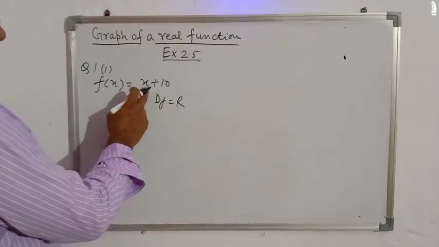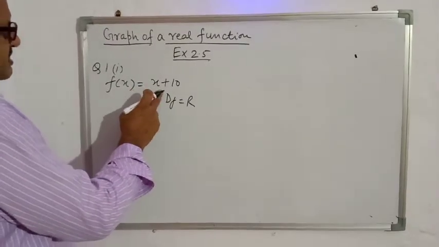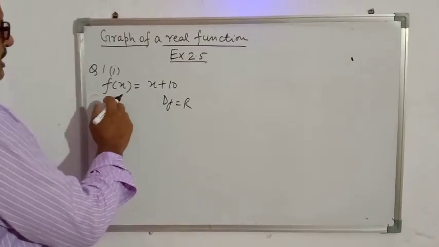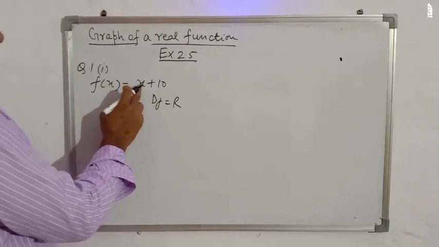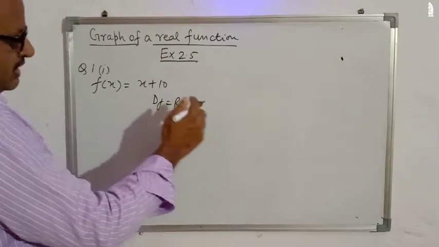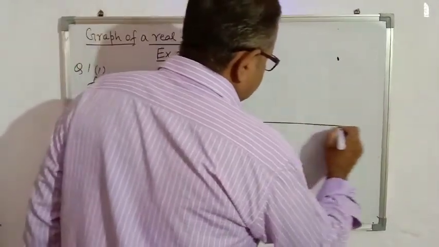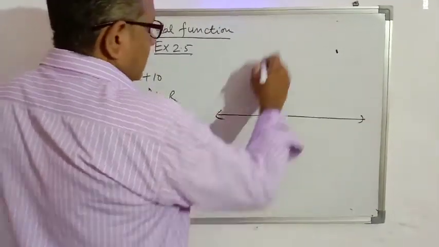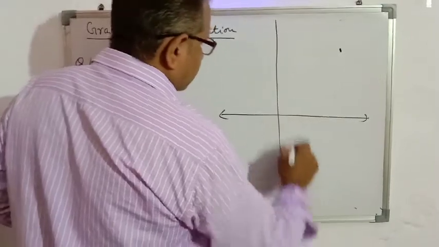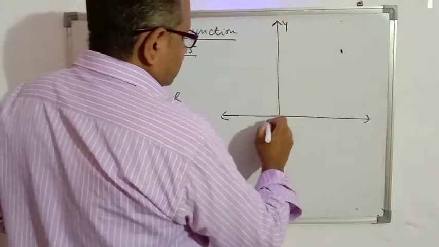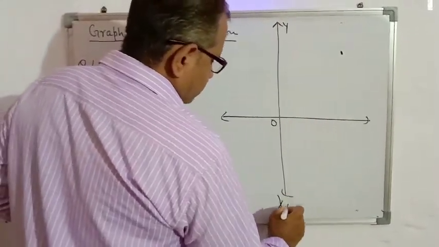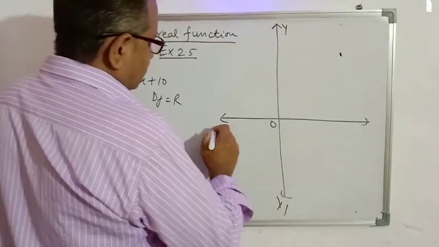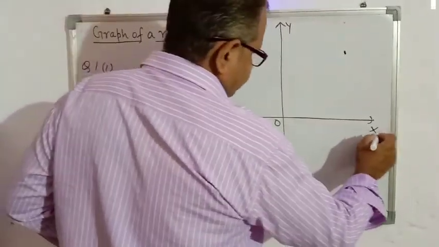So we see that it is a linear equation in two variables. f(x) means y, and x we have to take on the x axis, and f(x) we will take on the y axis. This is the y axis, this one is the x axis.